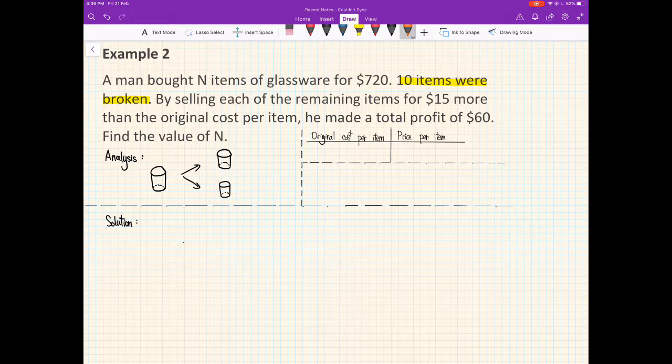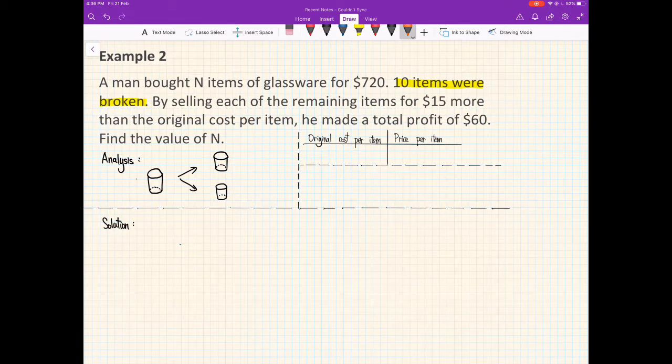Let us first analyze this question. A man bought n items of glassware, and it cost $720. 10 items were broken.